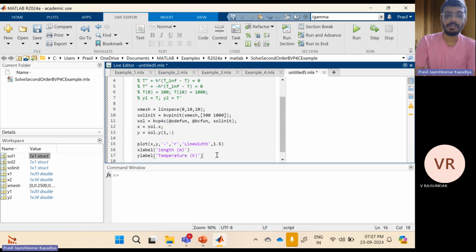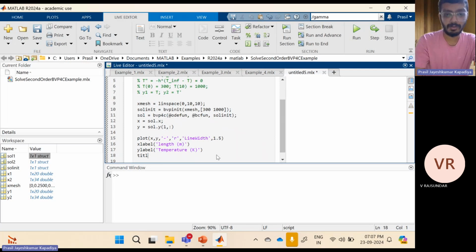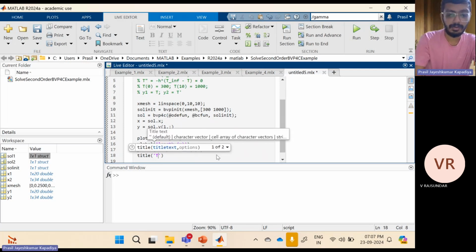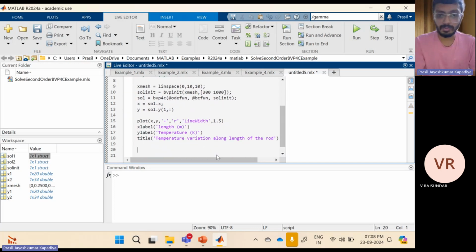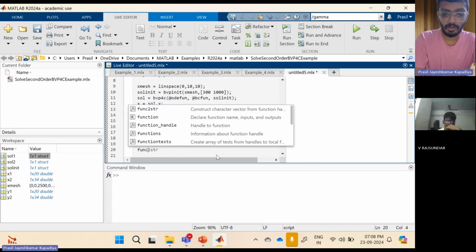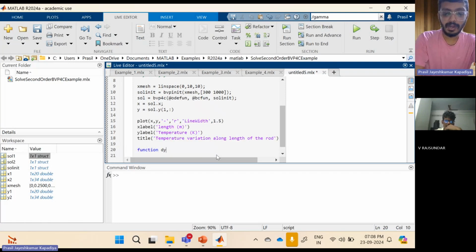Correct? So let's say I'm giving one title: temperature variation along length of the rod. Okay. So let's first write down our function now. function dydx is equal to ODEfun of x comma y.